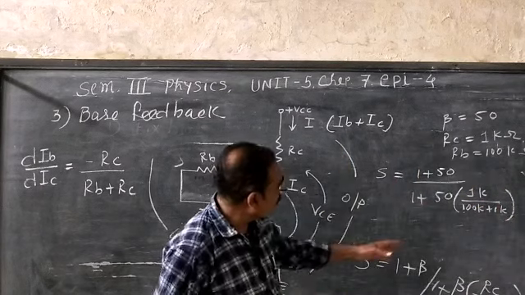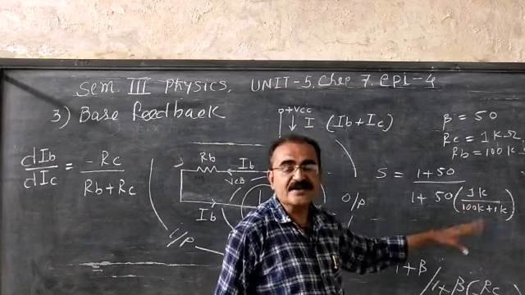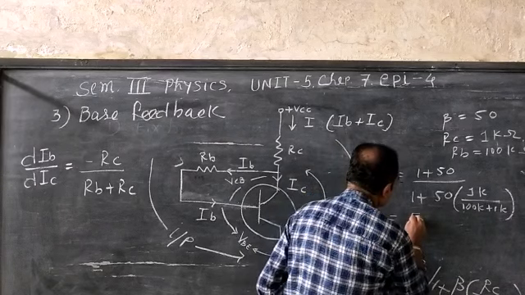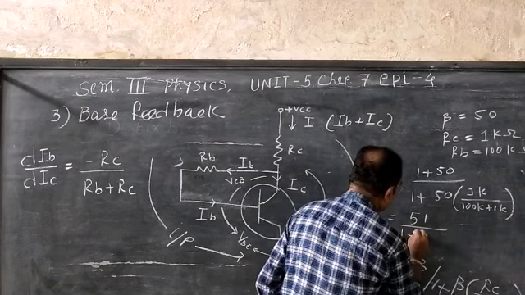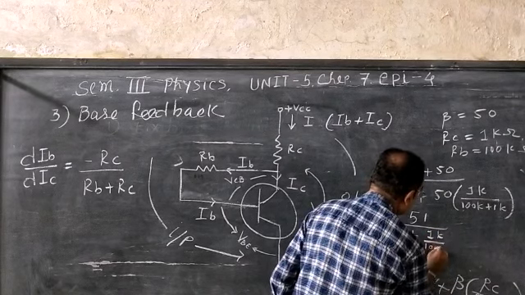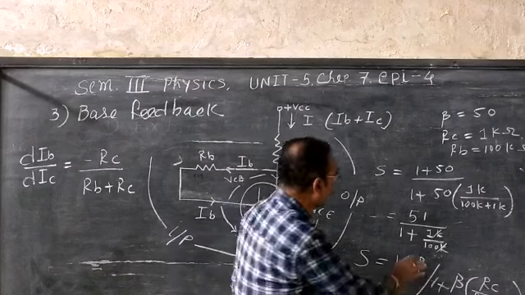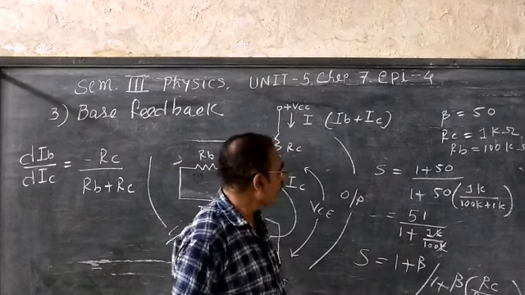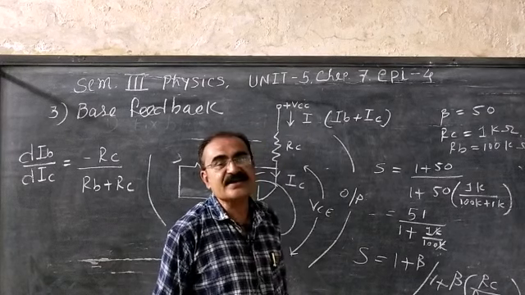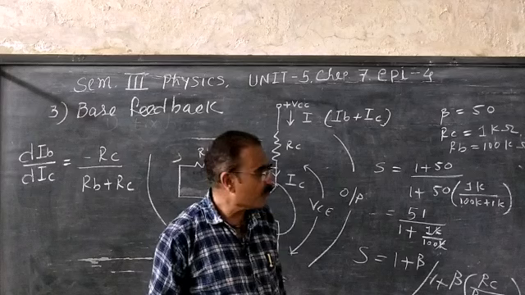So I consider 100k instead of 101k. This will be 51 upon 1 plus 1k divided by 100k. Now k is cancelled. 1 upon 100, that means 10 raised to minus 2.